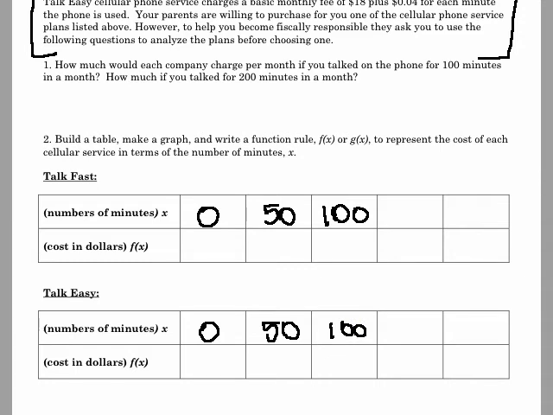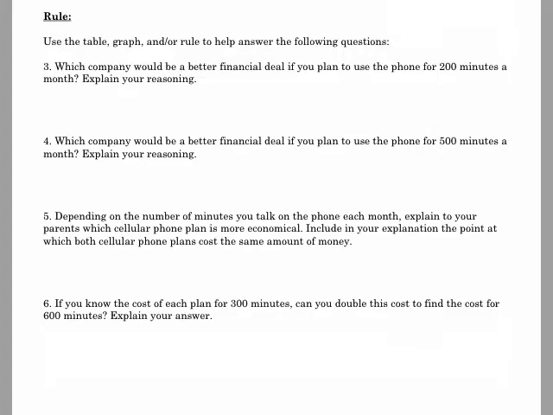Now, as you show increases for your number of minutes, you would want to say, for instance, with Talk Fast, they charge 10 cents a minute. Well, 0.10 times 0 is going to be 0. 0.10 times 50 is going to give you the cost for 50 minutes with Talk Fast.